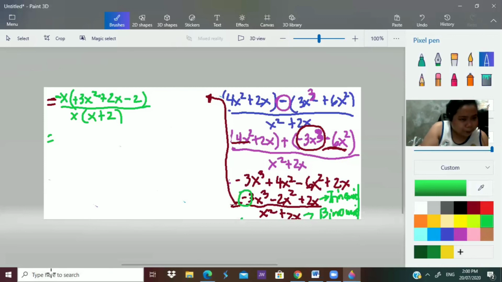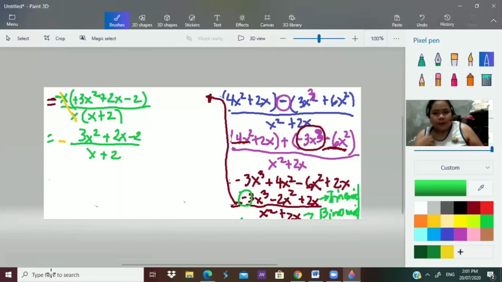Okay? So, pag factor natin dito, pwede natin tong i-divide. May madi-divide dito. So, this would turn out into negative. Naiwan yung negative. So, that would be negative 3x squared plus 2x minus 2 all over x plus 2.